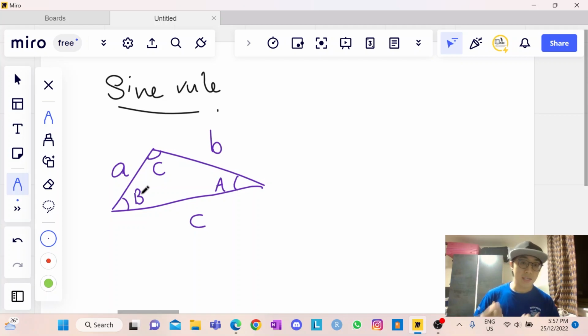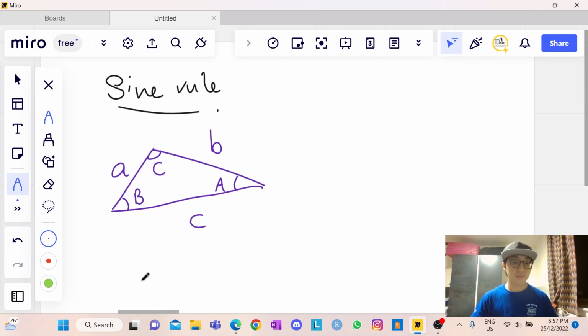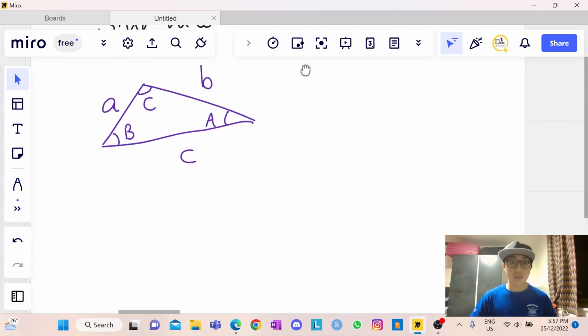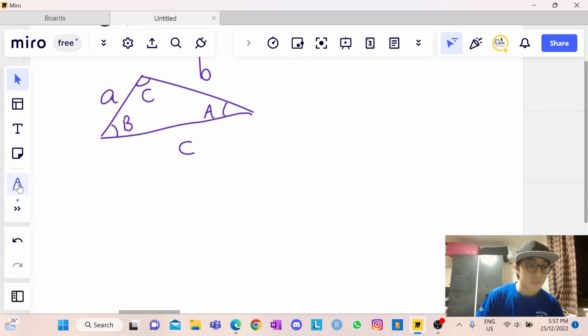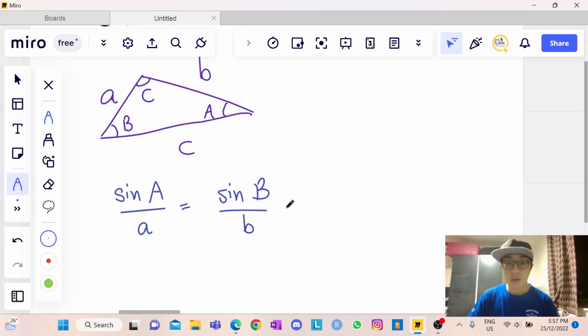So what is the sine rule? The sine rule is defined as sin A divided by a equals sin B divided by b equals sin C divided by c.